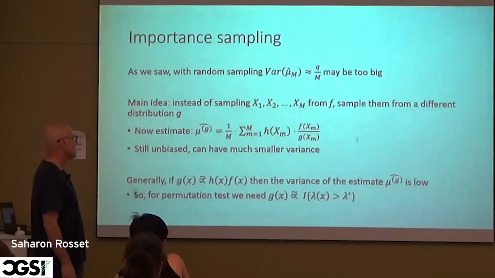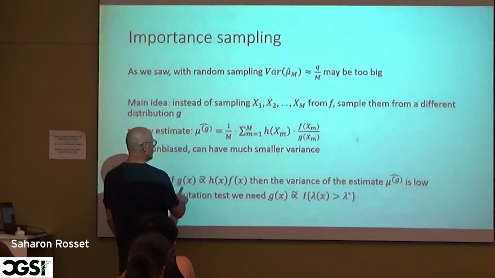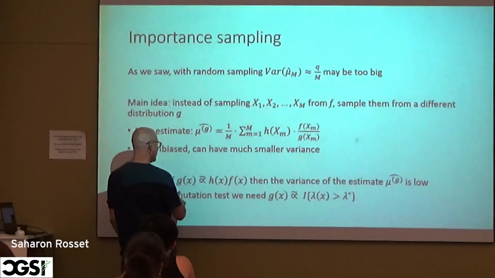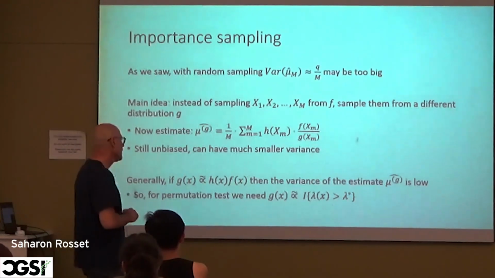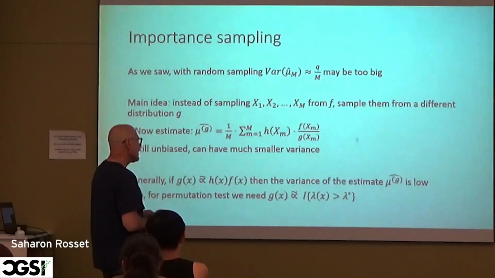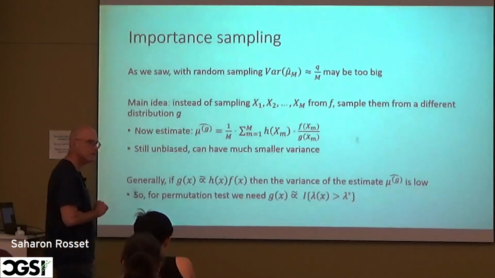But let's not worry about having variance 0. In general, we can convince ourselves, and I'm not going to show it here, that it's a good idea to try to make G as similar as possible to the product of H and F. And then we're going to get a low variance for our estimate.